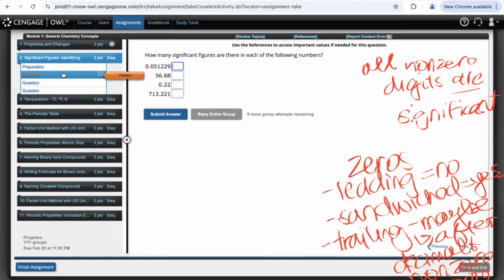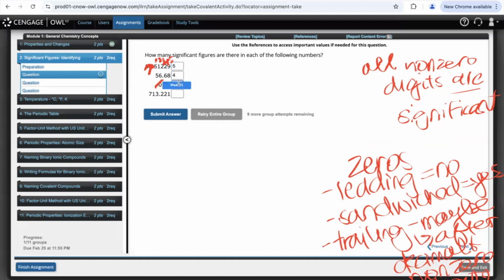All right, so looking at this first one, we have a leading zero here, so this isn't going to count. We also have a leading zero here, so that's not going to count. So then we have 1, 2, 3, 4, 5. 5 significant digits here. The next one, there's no zeros at all, so all of those are significant. So 4 here.